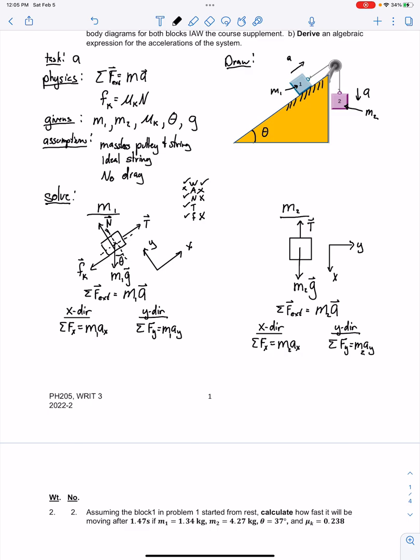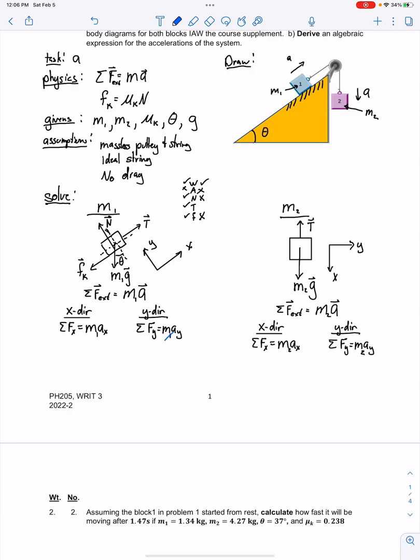Now before we go on and actually add up our forces, let's take a second and think about our acceleration. If we made the good life choice and pointed one of our axes in the direction of the acceleration for our object, like we did here and here, in both cases it was the x, we should be able to assign one of our accelerations as 0.